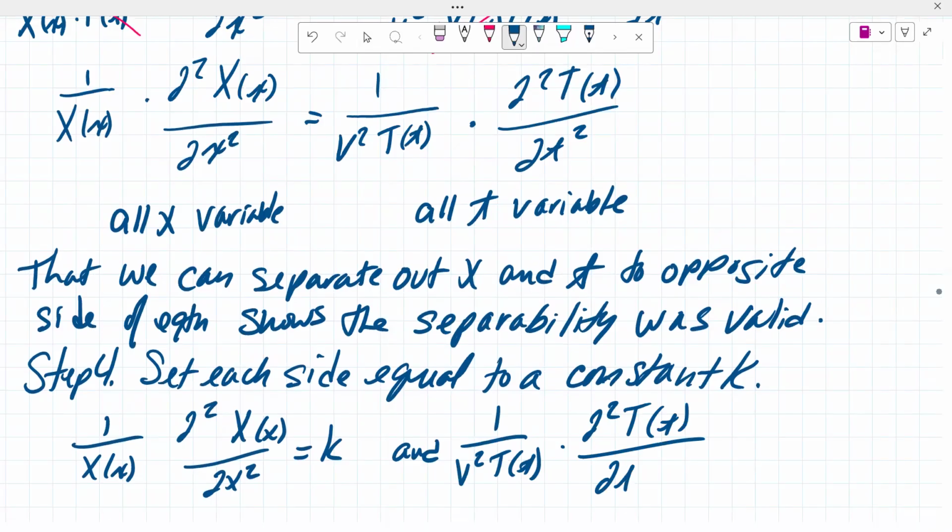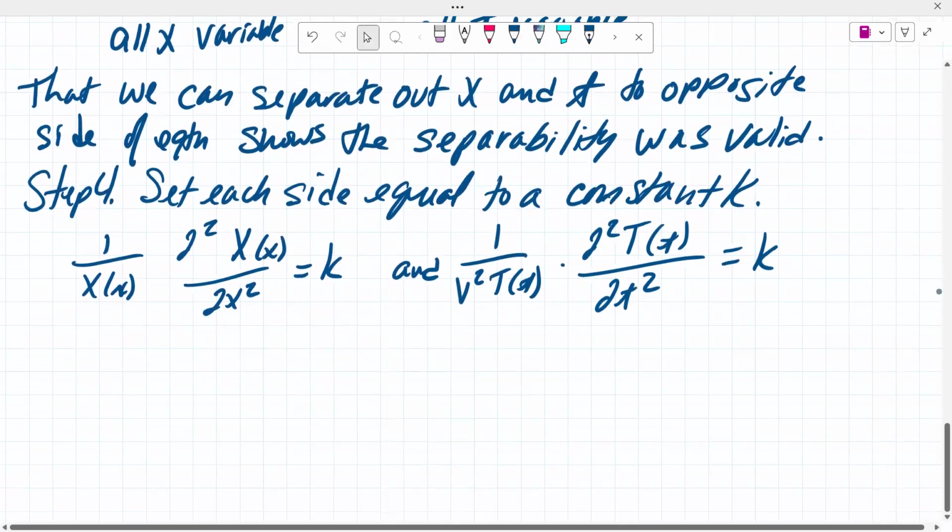And those k's have to be the same number, otherwise it wouldn't make sense.